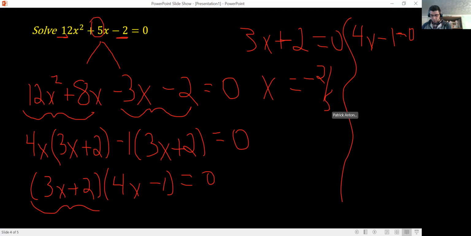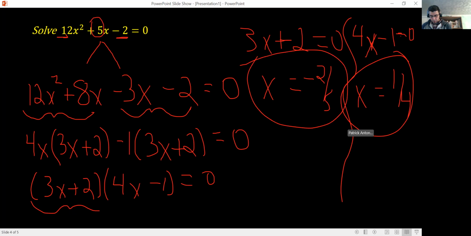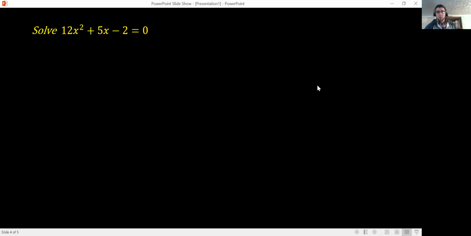And here you add 1 and divide by 4, and you would get x equals 1/4. Those are our solutions. To check it, you could substitute those values in for x and simplify, and it should come out to equal 0.